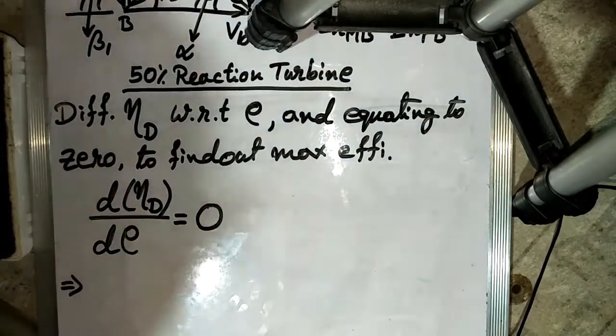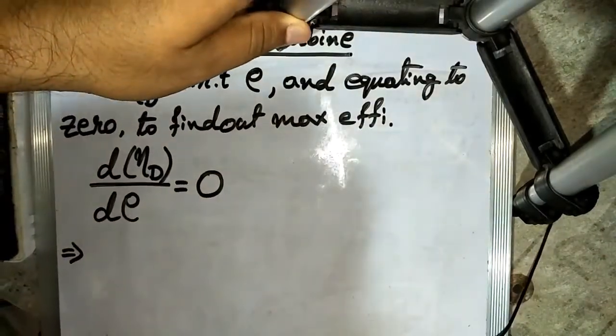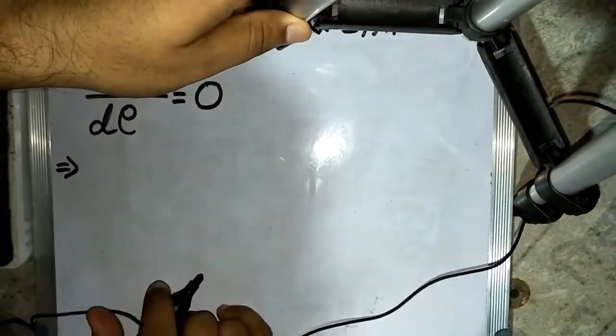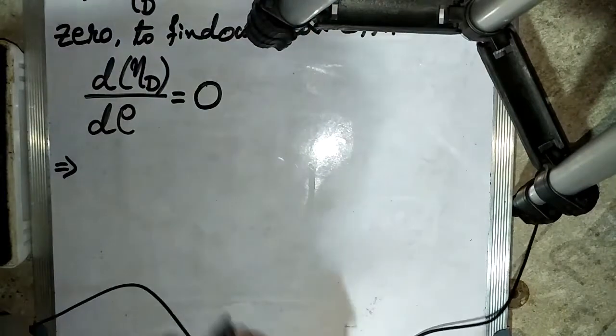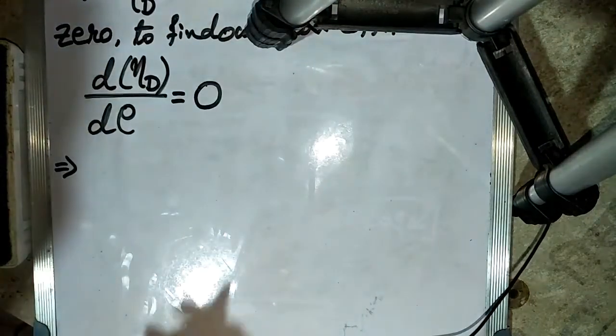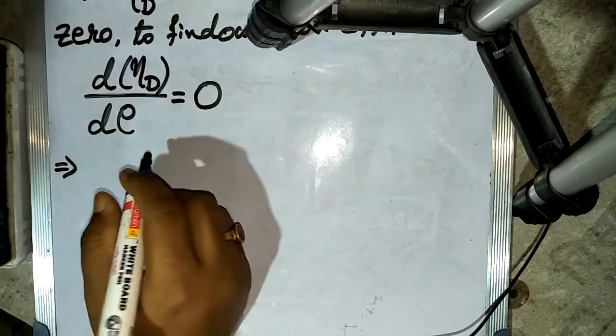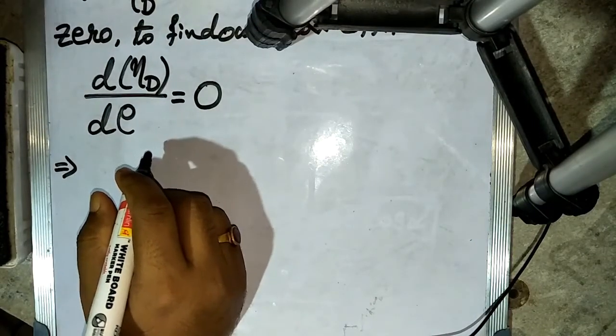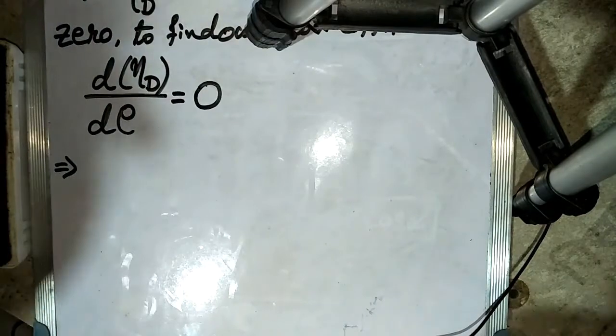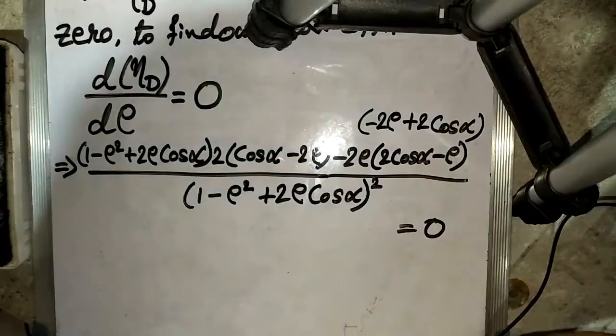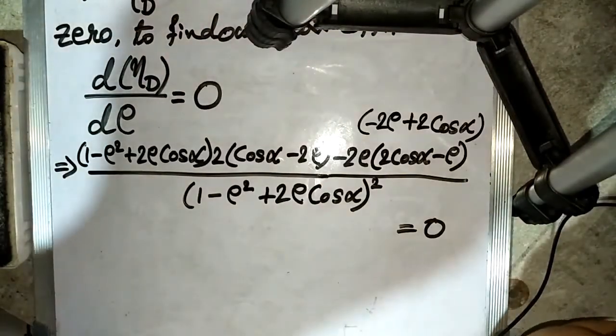By differentiating this eta expression with respect to rho and equating it to 0, I'm going to jump some steps, so we get this expression.